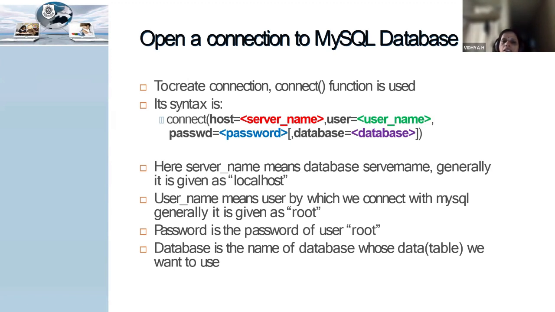Automatically, the connect method goes to your server. Host is normally the server name. Right now, when we are working with our current computers, it is localhost. User is the name which you have given in your server. Usually, the default name for the MySQL server is root. And password is, again, what you would have set.